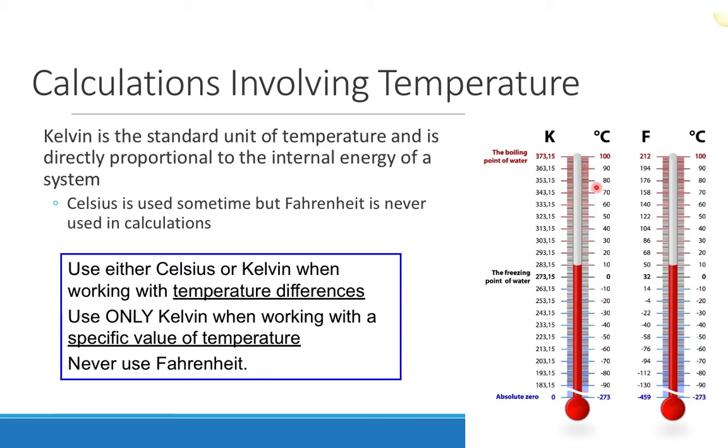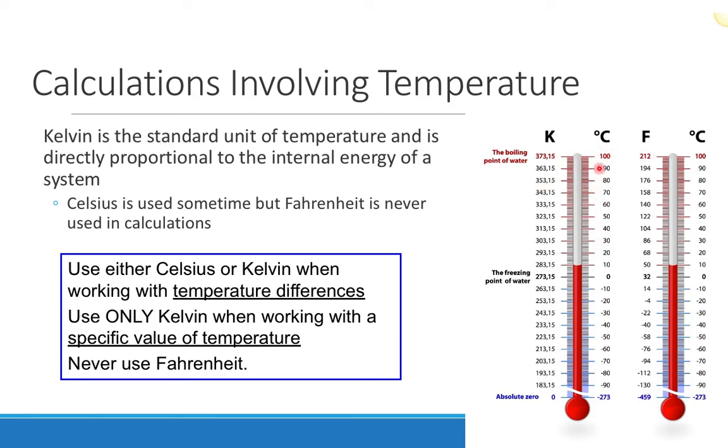If I go to the top, right here is 90, and then 100, there should be 10 divisions between 90 and 100. On the Kelvin side, 100 degrees Celsius is 373.15 Kelvin, and where the 90 is, it's 363.15 Kelvin. The difference between 273, 373, and 363 is another division of 10, right? So all of these divisions are equally spaced for Kelvin and Celsius.